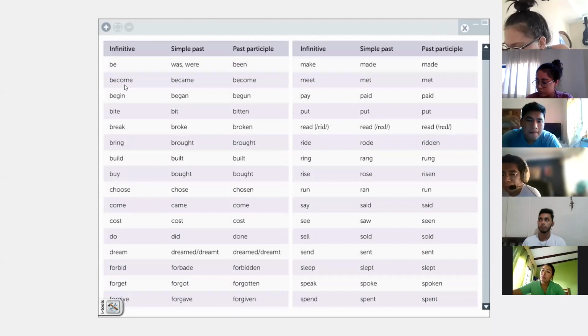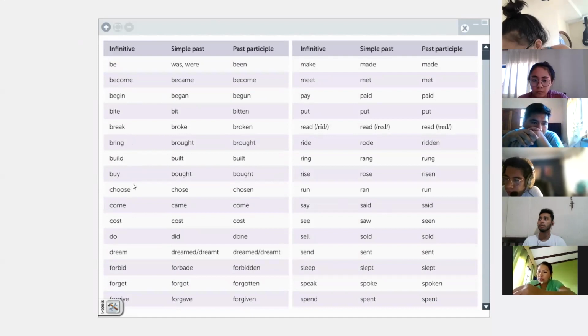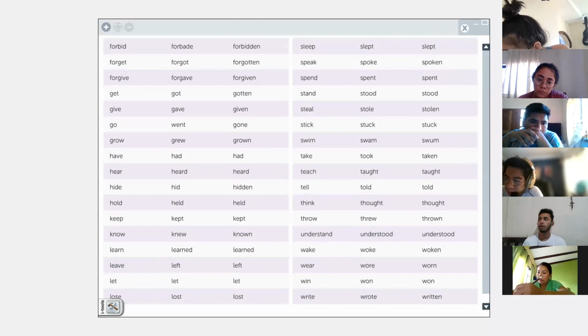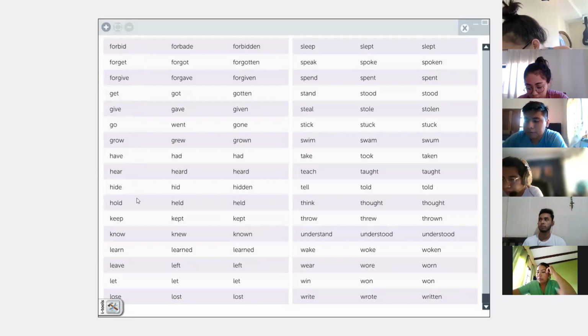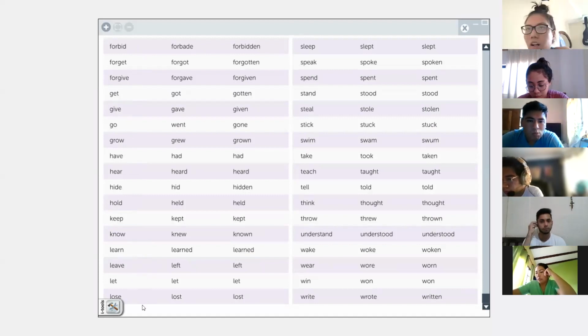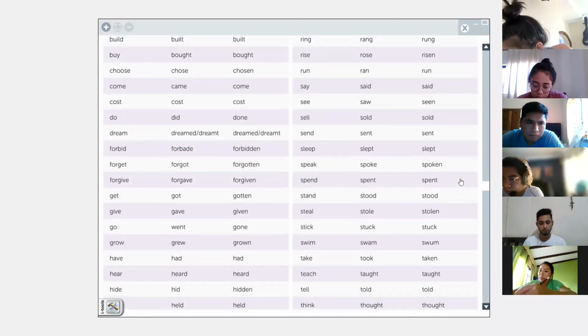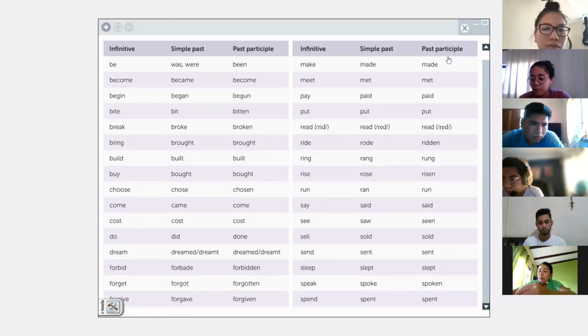Here we have be, become, begin, bite, break, bring, build, buy, choose, come, cost, do, dream, forbid, forget, get, forgive, forget, give, go, grow, have, hear, hide, hold, keep, know, learn, leave, let, and lose. ¿Hay alguno de la primera columna que no conozcan, tal vez? ¿O que no sepan cómo se pronuncia en el pasado simple?